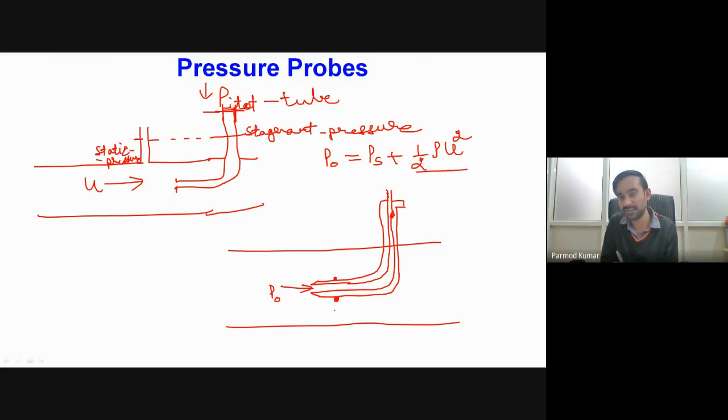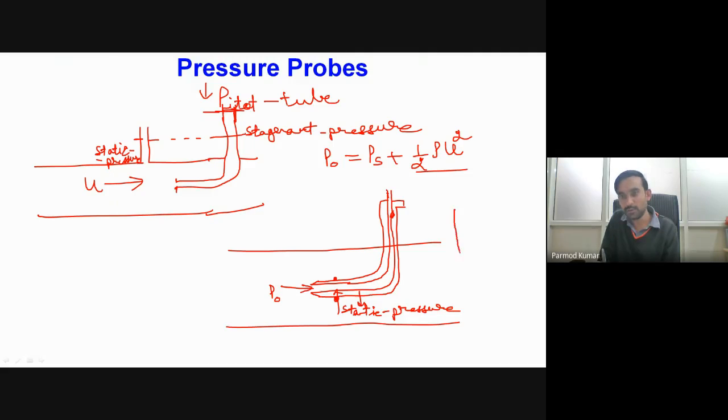So these holes are nothing but sensing static pressure inside this annular tube. Because the placement of the holes is in a direction normal to the direction of the flow, whatever pressure we sense inside this annular tube will be our static pressure. So we are obtaining the stagnation pressure from the central tube, and the static pressure from this annular tube.